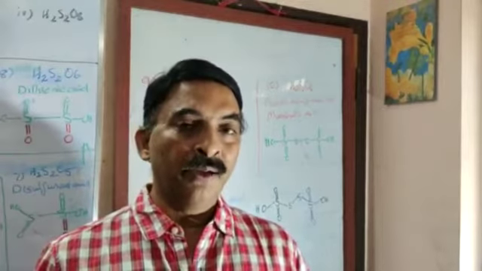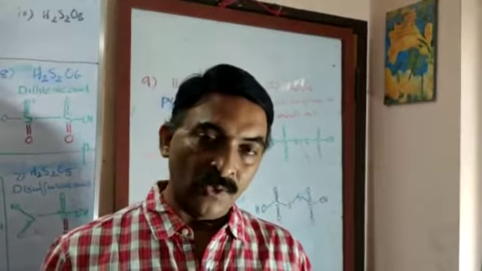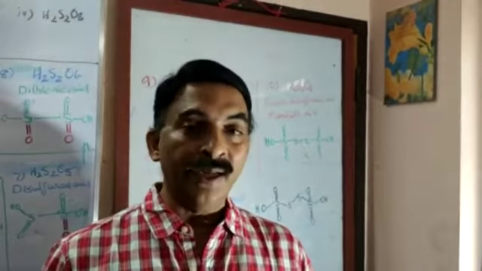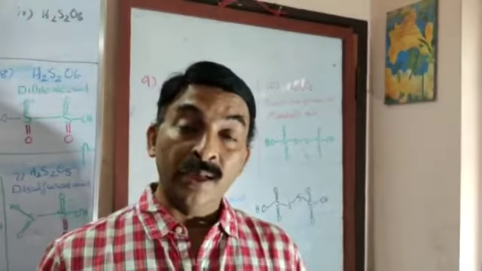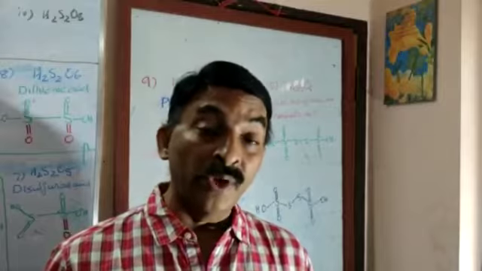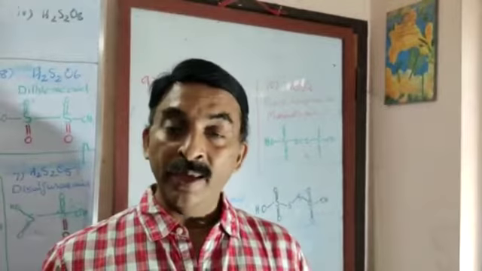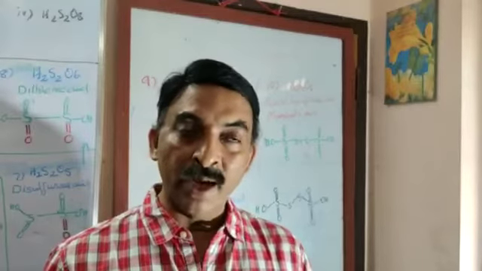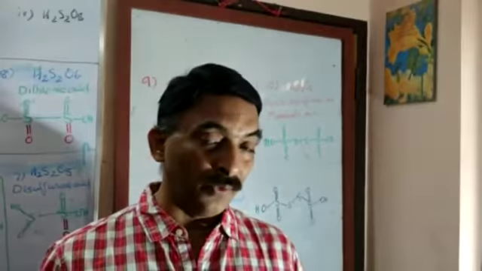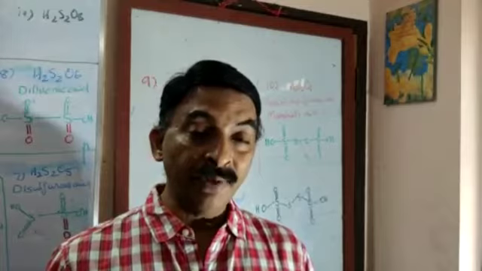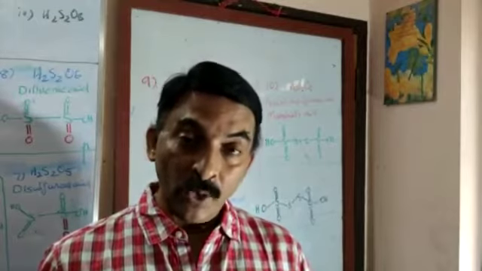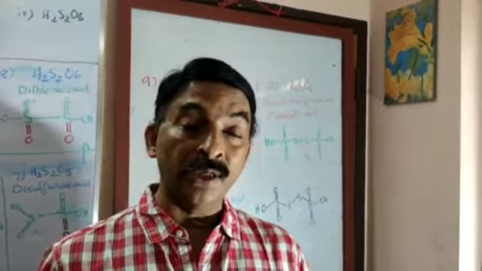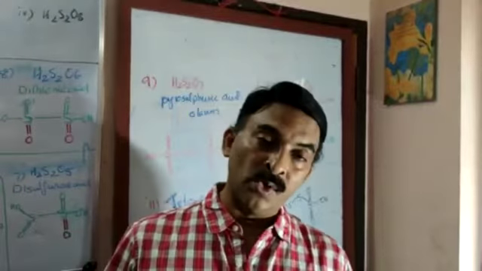If you remember, sodium thiosulfate is called hypo. During that reaction, iodine is converted by hypo to sodium iodide, and at the same time sodium thiosulfate gets converted to sodium tetrathionate.